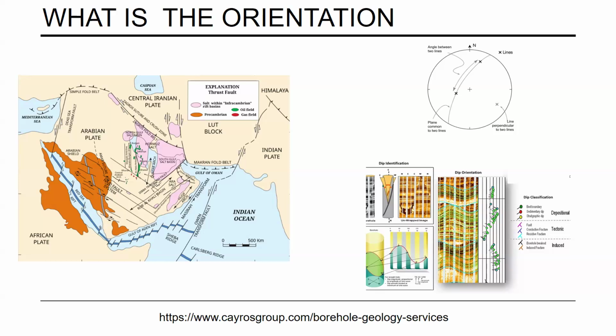And to have the right kind of understanding, we have to understand the regional tectonics, whether you are in a normal, thrust, or shear zone, whatever the stress regime is, but also in which direction the stress regime is.